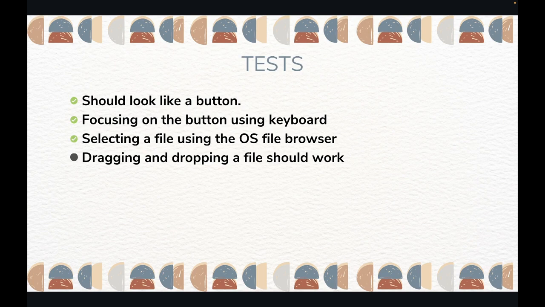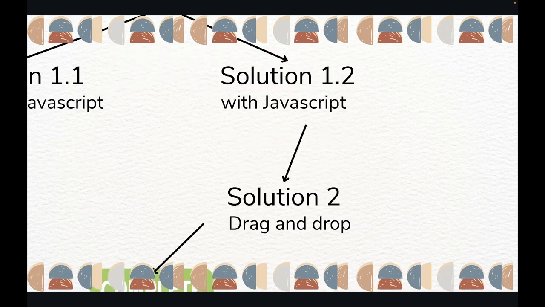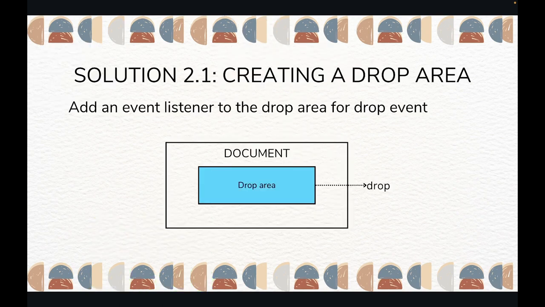Now to add drag and drop, we'll extend our JS based solution and we'll move to solution 2, which is adding support for drag and drop. So in order to support drag and drop, we first need to add a drop area.